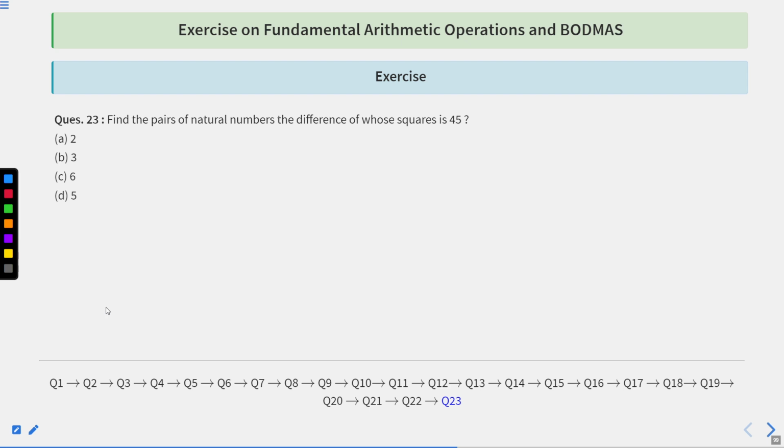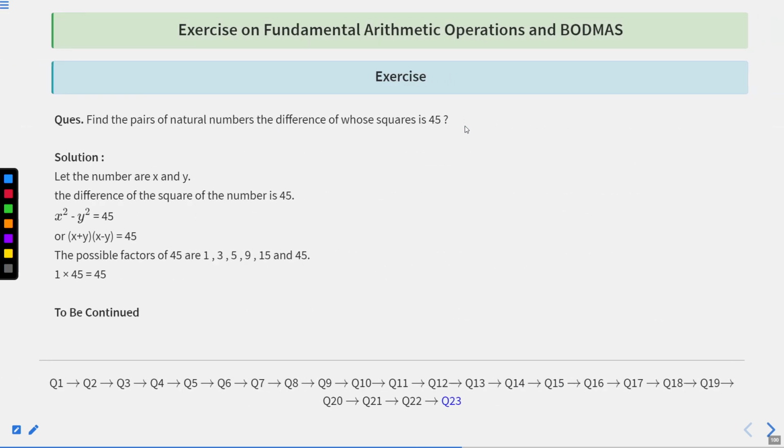So let us now see the last problem of this lecture. Find the pairs of natural numbers, the difference of whose squares is 45. Let us suppose the numbers are x and y. The difference of the squares of the numbers is 45. So x square minus y square is equal to 45. Now try to recall the identity a square minus b square is equal to (a minus b) times (a plus b).